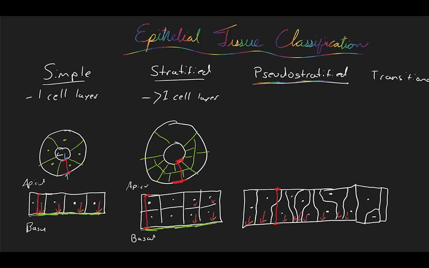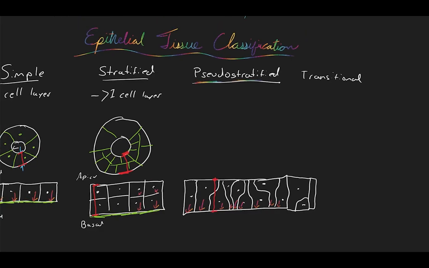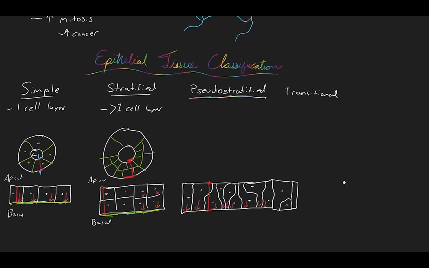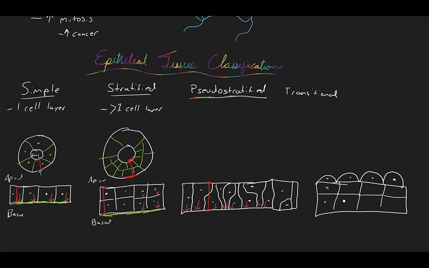And the last type, this transitional epithelium, is one that is sort of stratified, but what happens is these top cells are dome-shaped like this. And that's because they are compressed, because transitional epithelium has the ability to stretch.